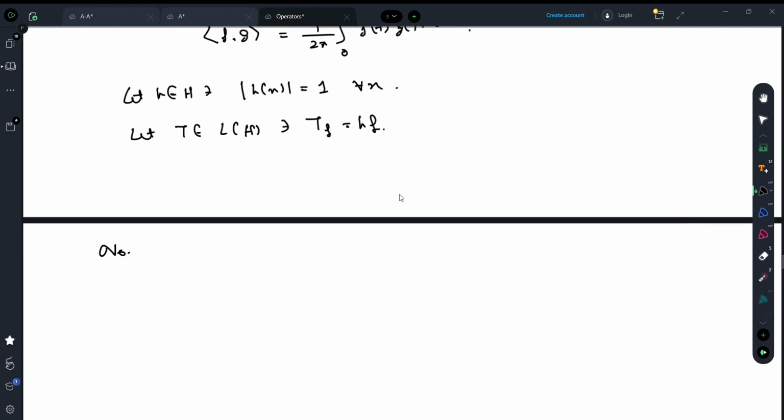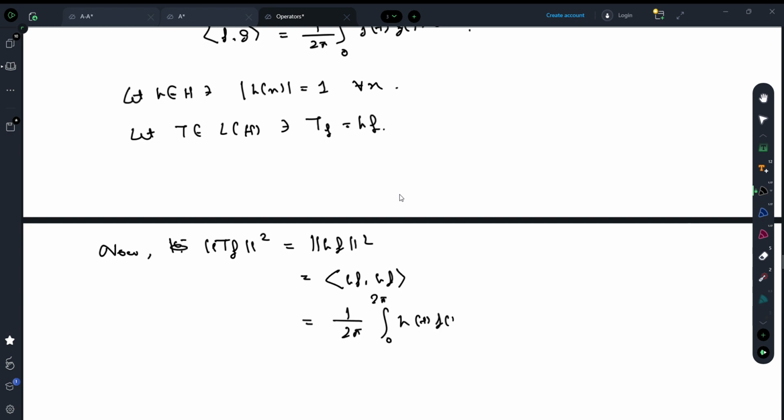Now what can I say about the norm of Tf, or let's say its square? It's the norm of hf squared, which is the inner product of hf with hf. That gives you 1 over 2 pi integral from 0 to 2 pi of h(t)f(t) times the conjugate of h(t)f(t) dt, right?